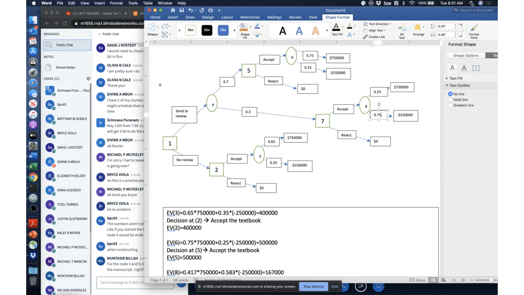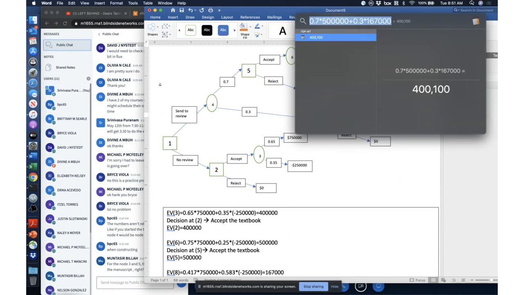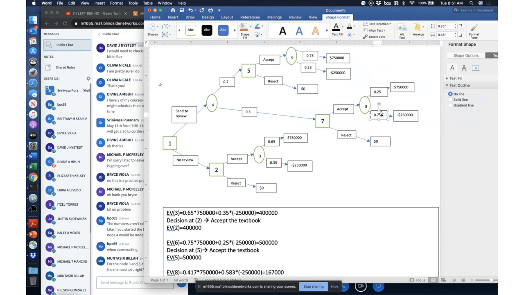Then the payoff here would have been $0, in which case accepting or rejecting would have been the same outcome. And if it was higher, let's say this was 80-20, then it would make sense for you to actually reject the manuscript.